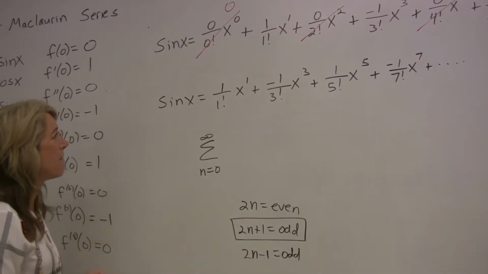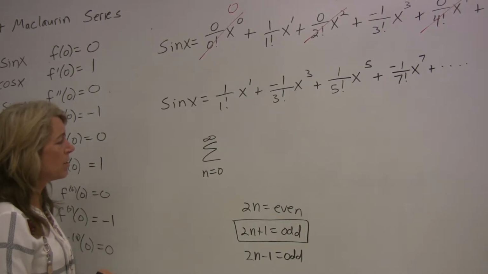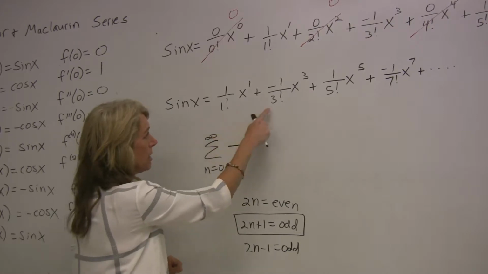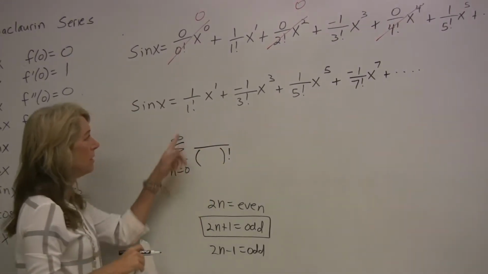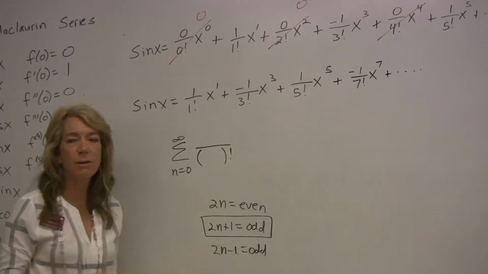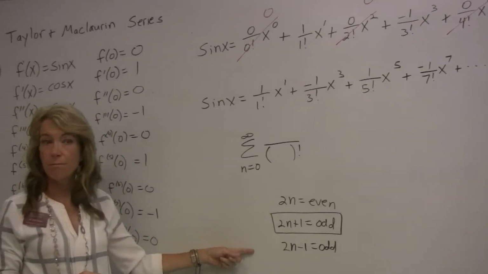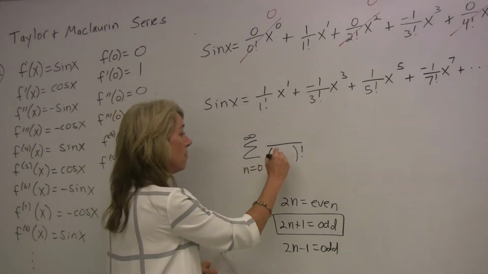So how am I going to write that? Let's just talk about my denominators first. I've got 1, 3, they all have factorials. I need something factorial. I've got 1, 3, 5, 7, so what am I going to put in there? 2n plus 1, right? That's what we just talked about. That's going to force it to be odd.